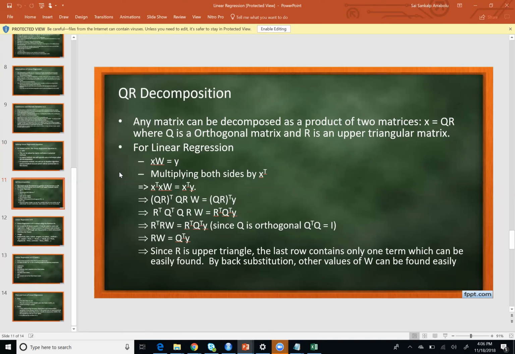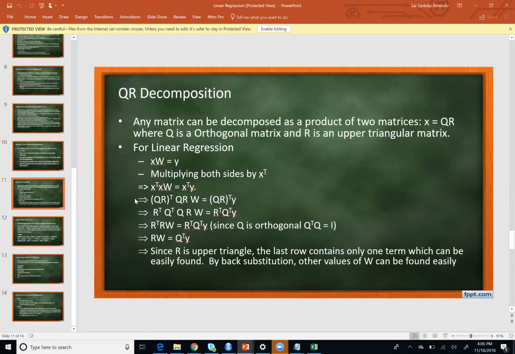Similar to that, this is how we do QR decomposition. QR decomposition means that any matrix can be expressed in terms of Q and R, where Q is an orthogonal matrix and R is an upper triangular matrix. So this is a decomposition of that matrix.